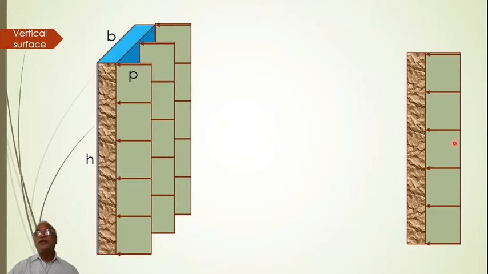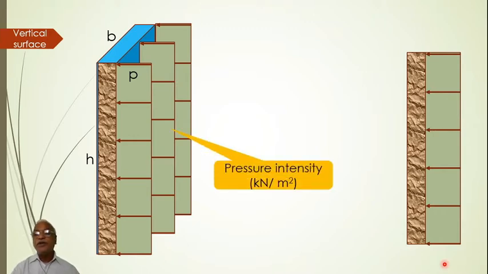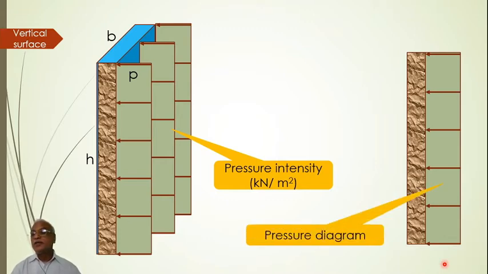In this particular case, pressure is not changing along the height. I have shown that it is uniformly acting because of some action. Let us say it is uniformly acting. Now the pressure intensity is measured in kilonewton per meter square, newton per meter square, something like that, right? But always it is force divided by area, and this diagram is called a pressure diagram.